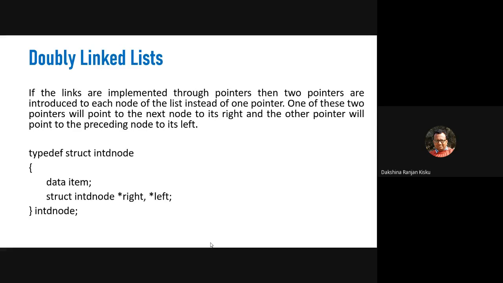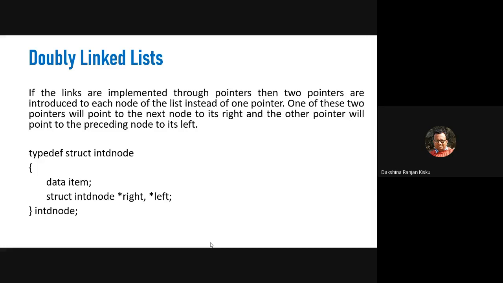Now if we have the left pointer, then we don't need to traverse the entire linked list. Just using the left pointer, we can easily find out the preceding node. So that is the prominent advantage of doubly linked list over singly linked list.